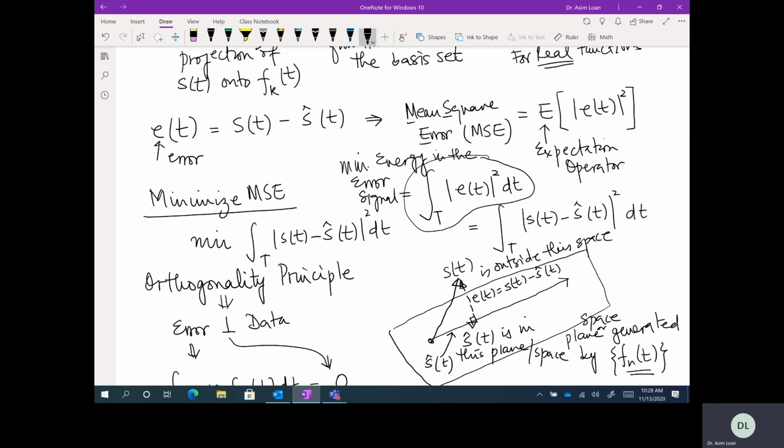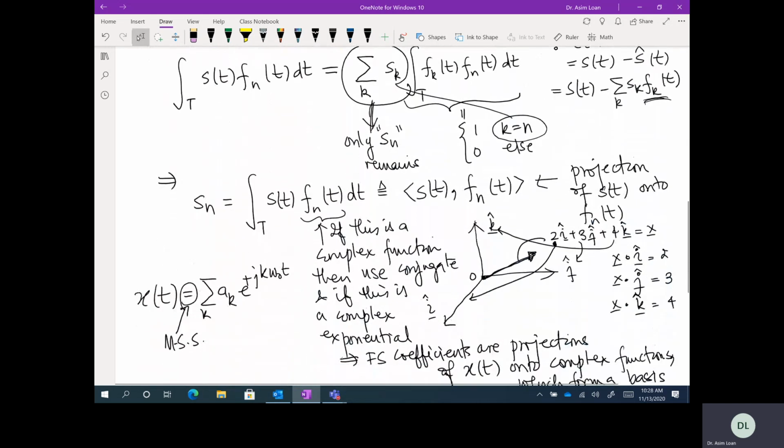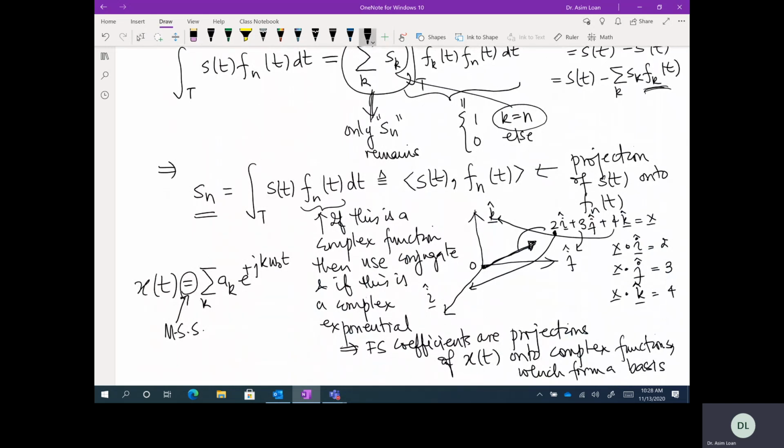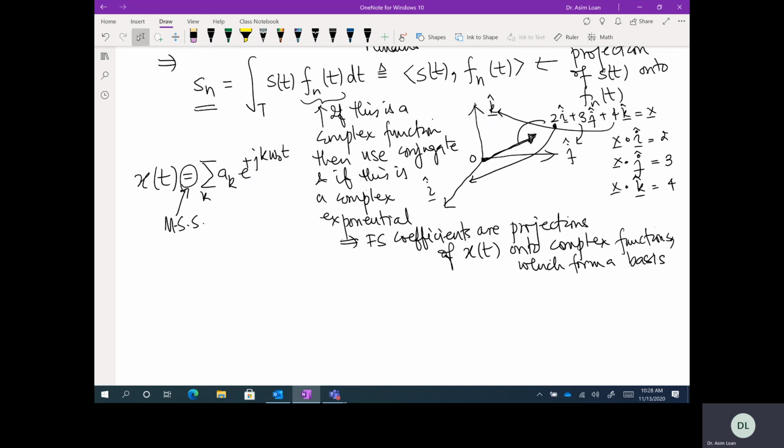So how do I do that? Minimizing energy in the error signal simply means I should use these values to see what is the minimum energy. Obviously, it's not going to be 0. If it's 0, then it's good enough. But if it's not 0, then I want to find the minimum energy. So the minimum energy in the error signal, I write E min.